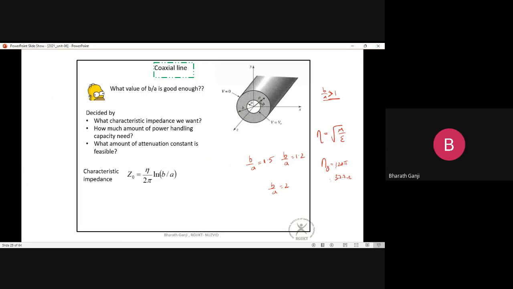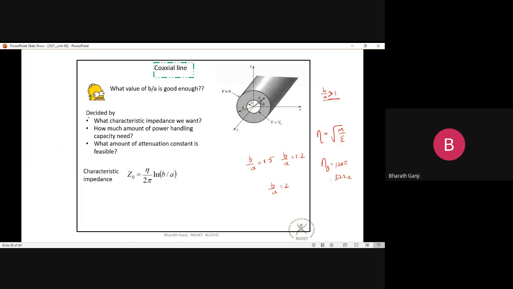We already know that on a transmission line, characteristic impedance definitely plays an important role, right? What Z naught you take and what ZL you take all matters, because you need to match things. So what characteristic impedance is a good one?